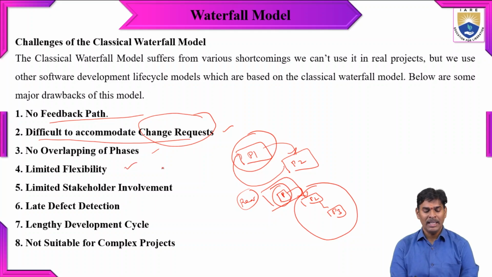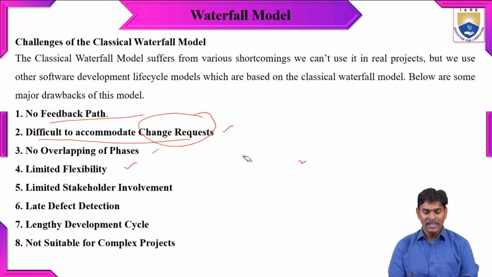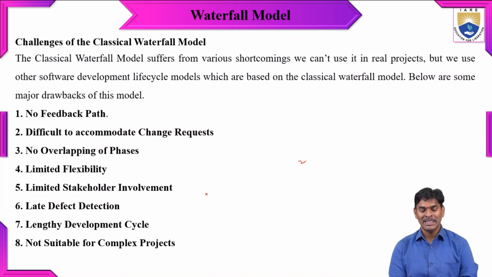And the next one is limited flexibility. There is no flexibility in the projects to overcome issues during the stages of software projects in the waterfall model. And limited stakeholder involvement. What does limited stakeholder involvement mean? In the initial, starting stage only, the stakeholder meets with the project manager and gives different types of inputs to the project management.